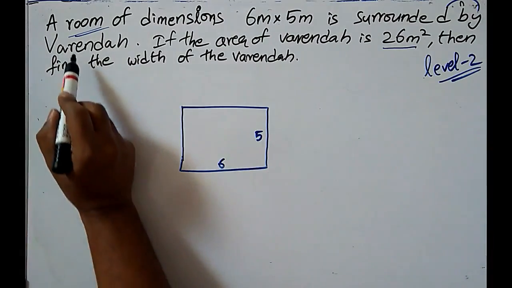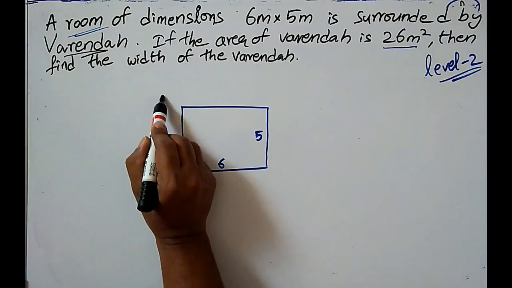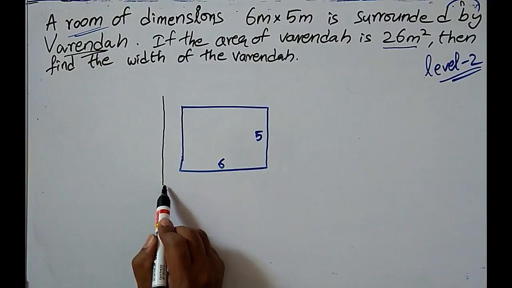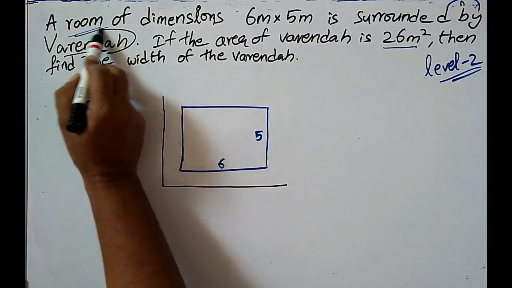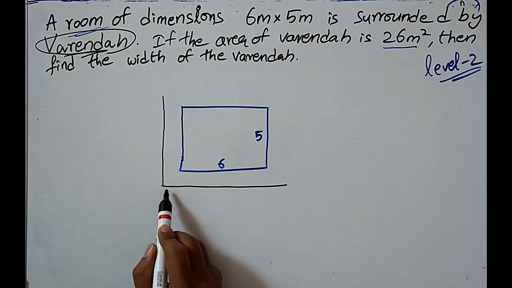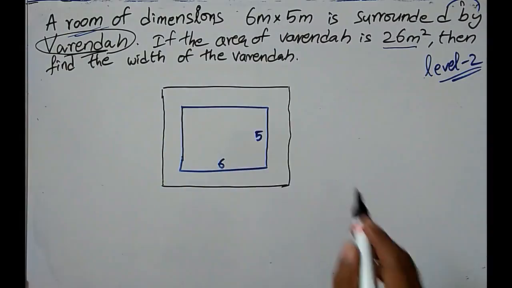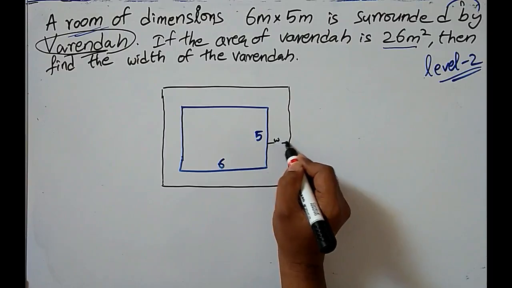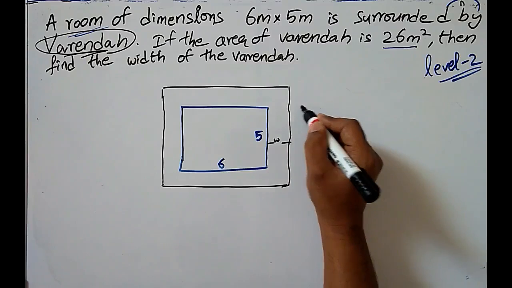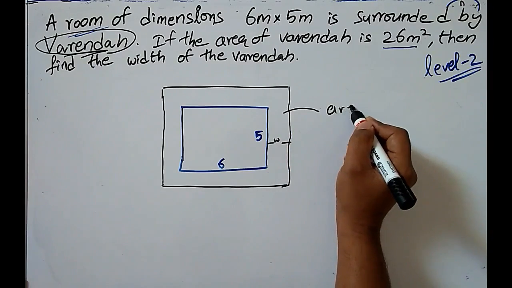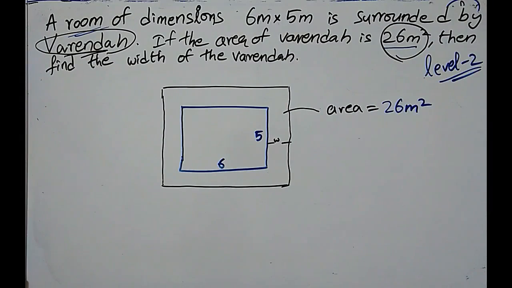Usually, friends, verandas or corridors will be outside the room, and by this terminology you have to decide that this width is outside the room. We don't know the width of the path or veranda, but we are given the area, which is 26 meters square.